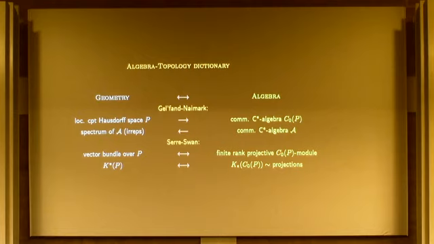And then the Serre-Swan results, that vector bundles over a locally compact space P correspond to the finite rank projective modules over the function algebra. And because they're finite rank projective modules, you have a set of projections coming, and they cover the things which correspond to the K-theory of the space.